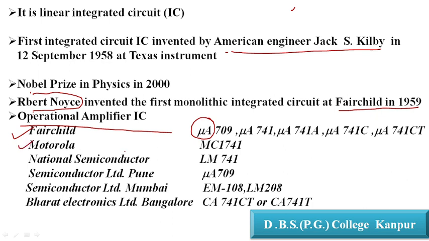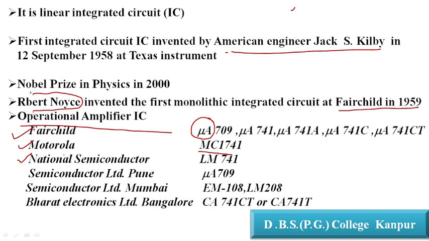Motorola, you well know that many mobiles come from Motorola, and they also use the 741 IC. That IC number is MC1741. What is the meaning of these numbers is discussed in the next lectures.